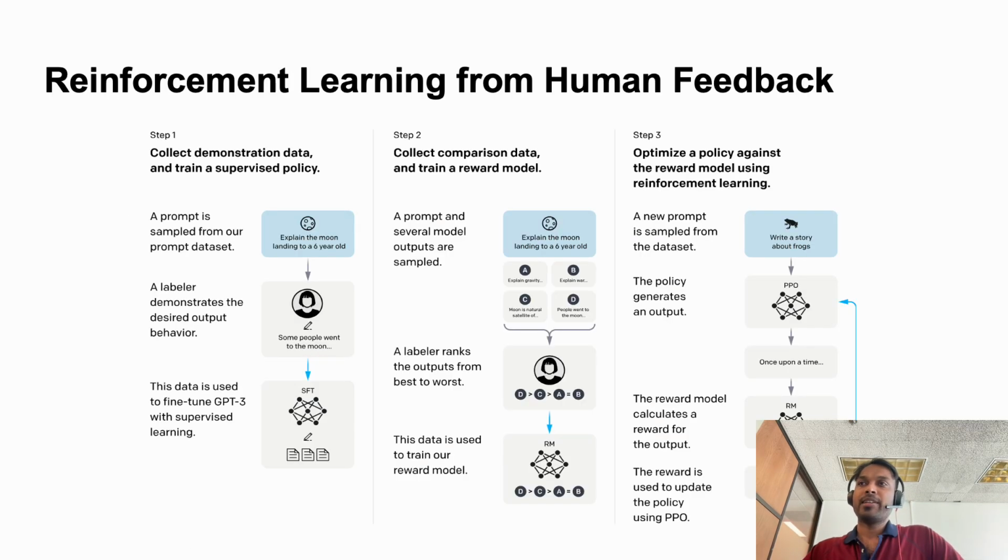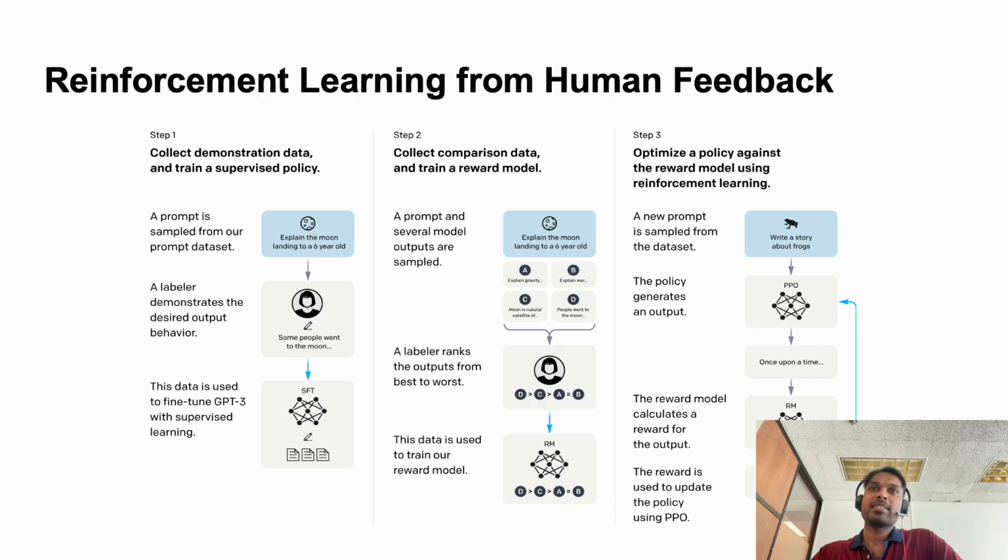So now that we have enough motivation for using pairwise preferences instead of human written data, let's try to understand steps two and three of the RLHF process. How do we use these pairwise preferences to train our reward model, and how do we use that reward model to finally train our policy?